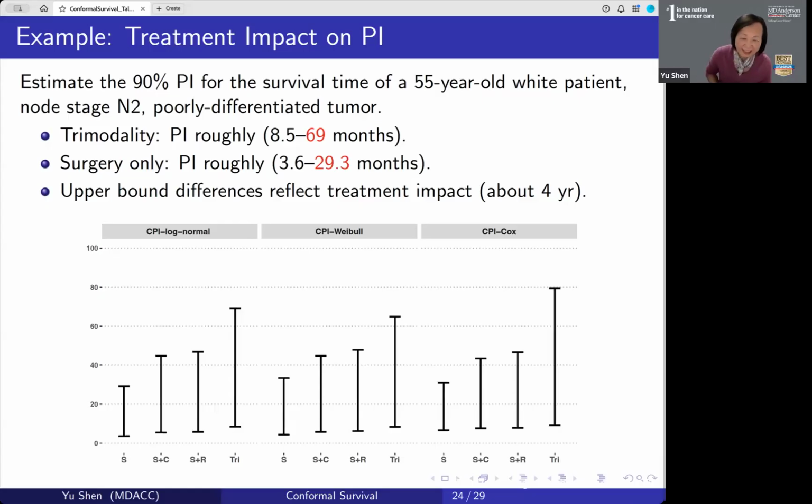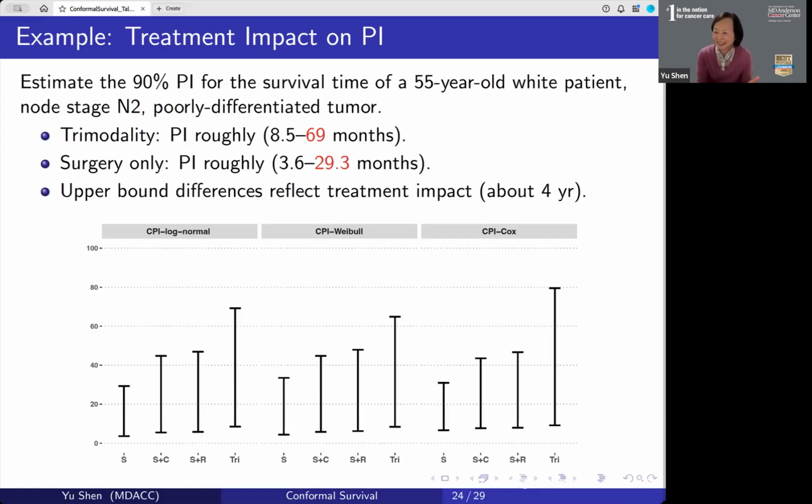Good point. Yes, I totally agree. Typically, as statisticians, we would like to use a gold standard randomized trial to verify which treatment is the best. But unfortunately, especially for those rare cancers, there are no clinical trials comparing those different treatment strategies.